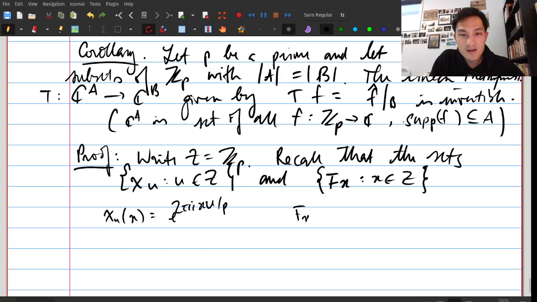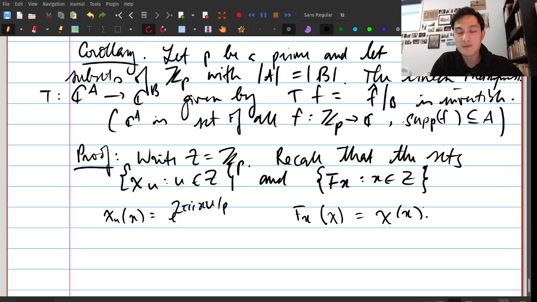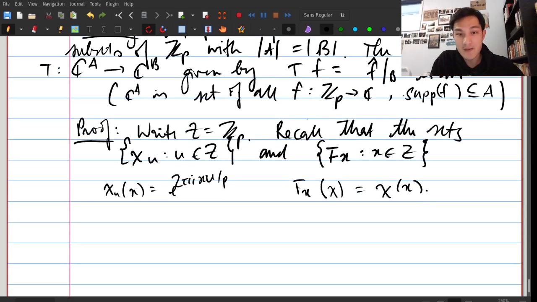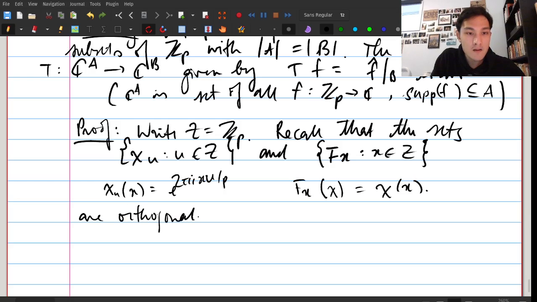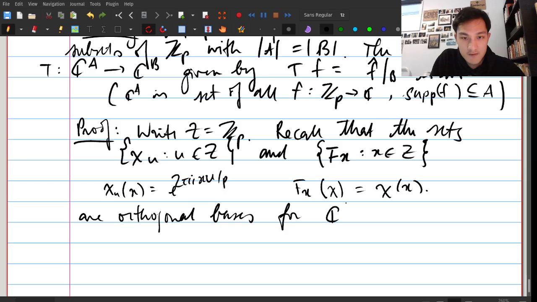And f x is a function on the dual group, actually. It's f x of chi, which just evaluates chi at x. Okay, so we defined that a long time ago. Recall that these two sets are orthogonal bases for the set of all functions from Z to C and the set of all functions from Z hat to C, respectively.